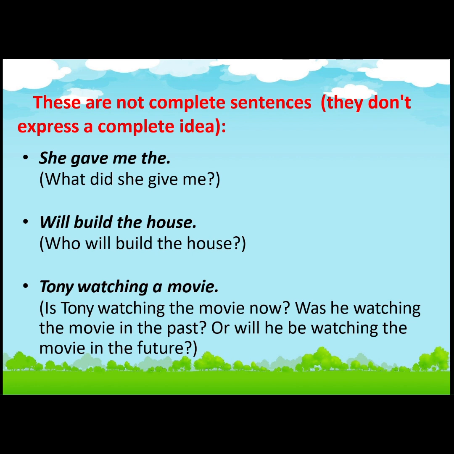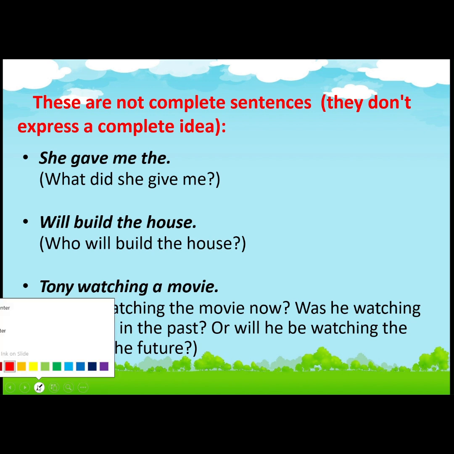But I have seen often children facing a problem to differentiate between sentence and those group of words which cannot be termed as a sentence. Why? Because they don't express a complete idea. How? Let us see some examples of that. She gave me the.